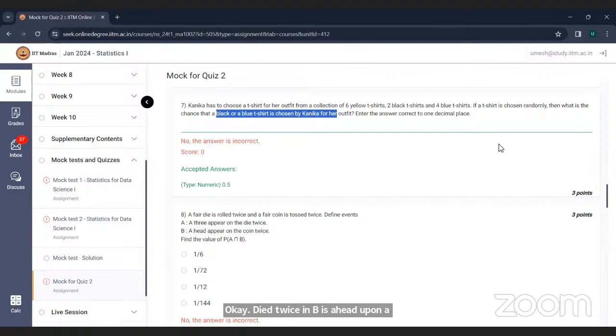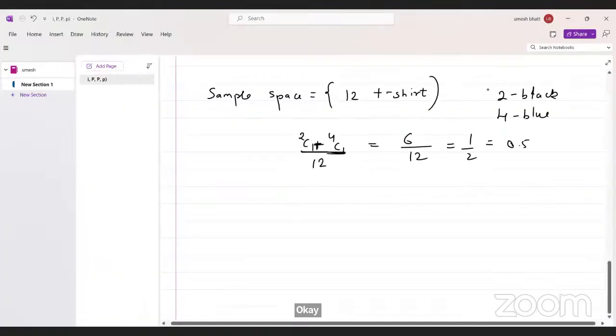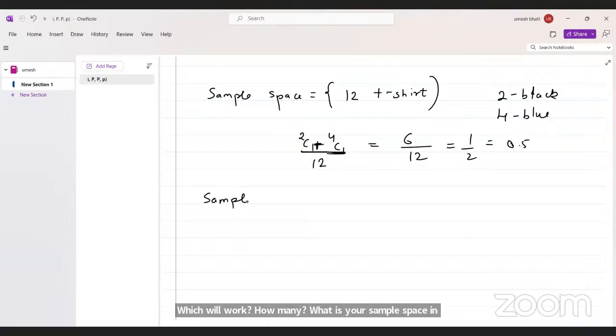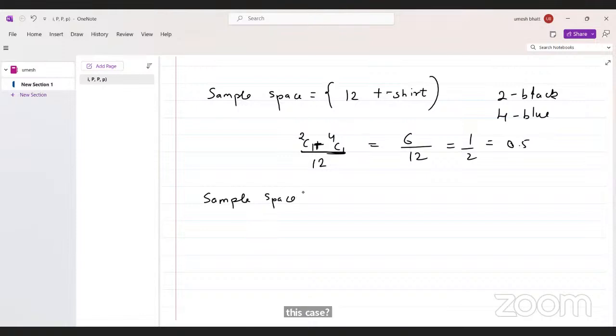Find the value of P of A intersection B. Okay, so which means what? What is your sample space in this case? From 1 to 6. Any other argument?